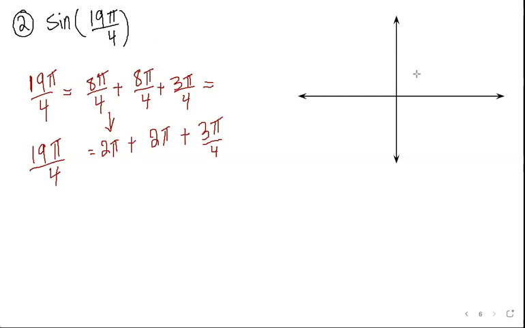Here is my unit circle. 19 pi over 4 means I start from this point, walking around this unit circle like this. This is 2 pi. I finish the first one. Then I move again 2 pi like this.